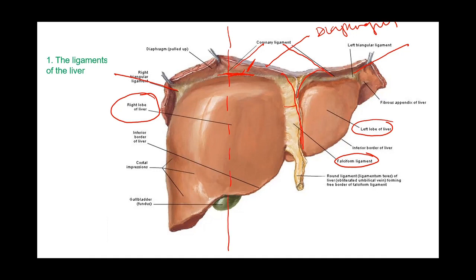This is where the true or the physiologic left and right lobe are. And this line is called Cantlie's line. We'll discuss that when talking about the anatomy of the liver.